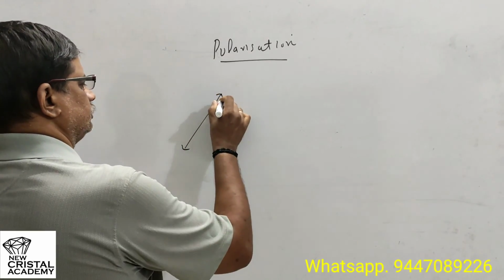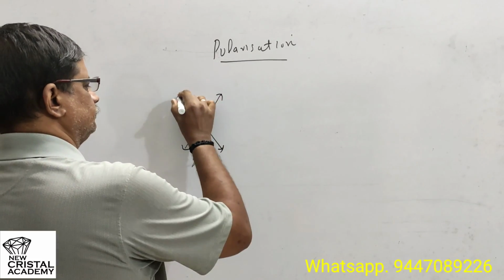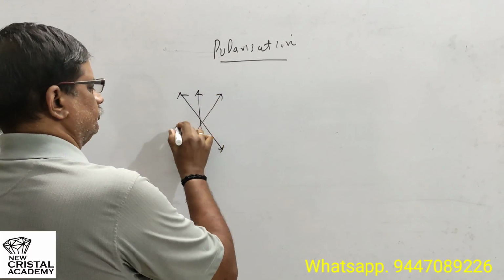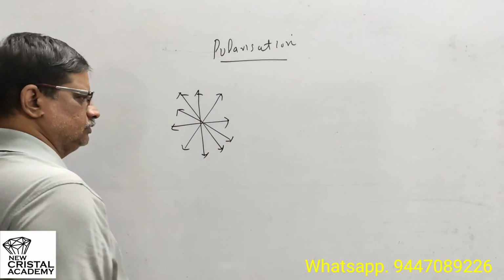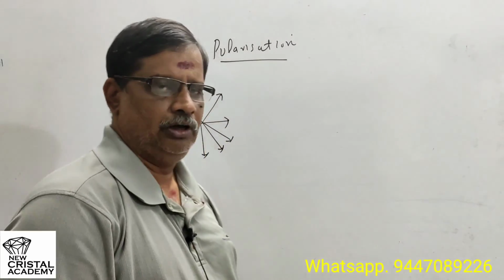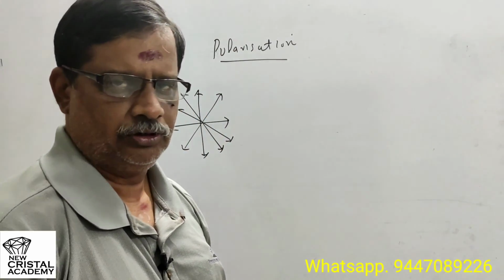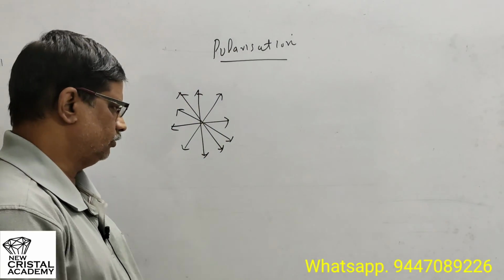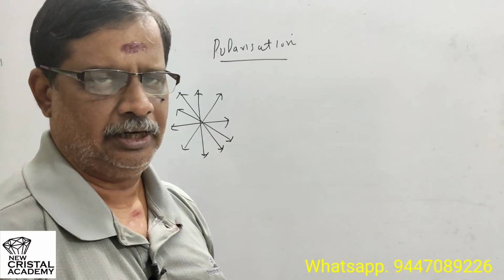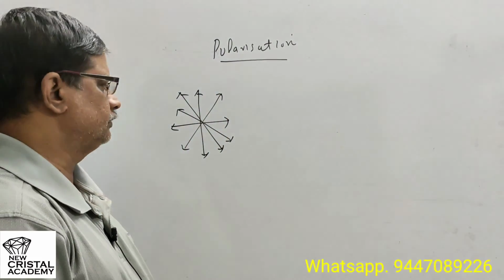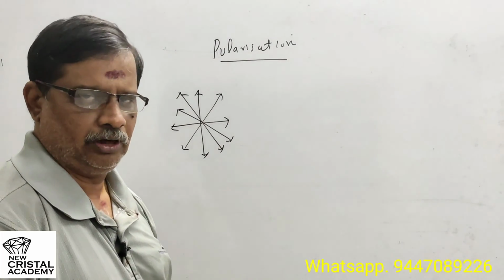So let us look at ordinary light. In ordinary light, the electric field vector has vibrations in all possible directions. We are familiar with vector algebra, and we have studied a topic called resolution of vectors, in which a vector lying in any plane can be resolved along two mutually perpendicular directions.